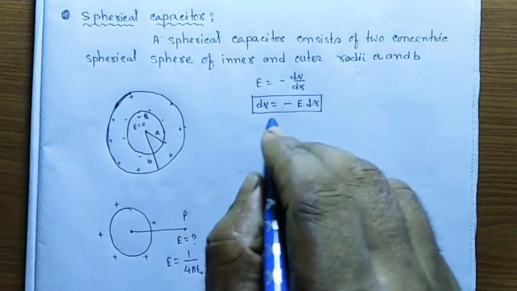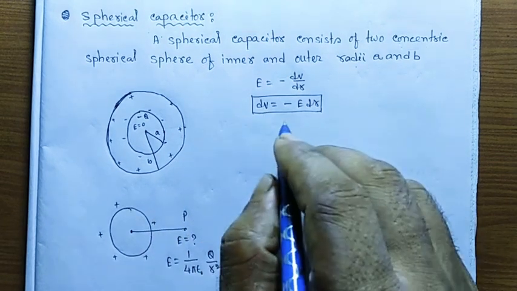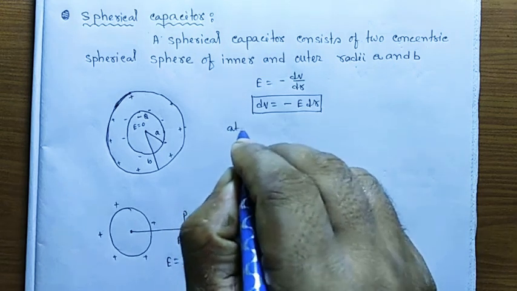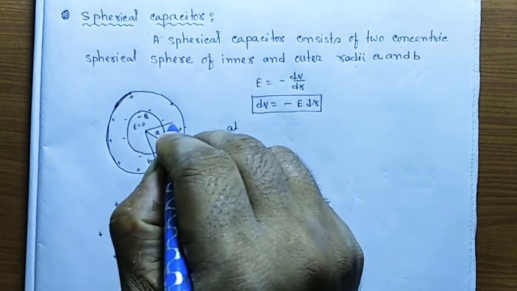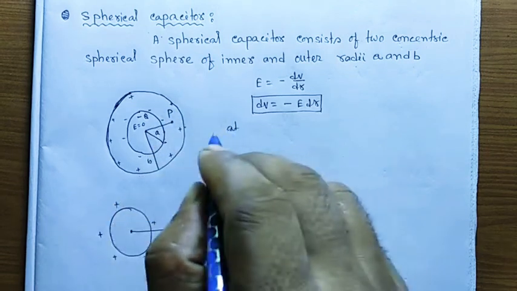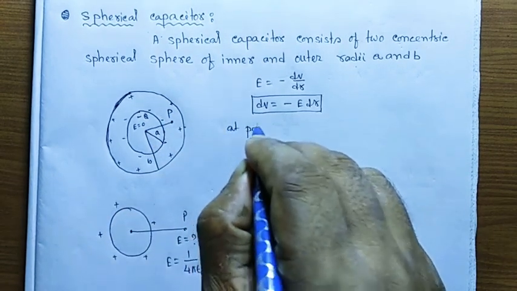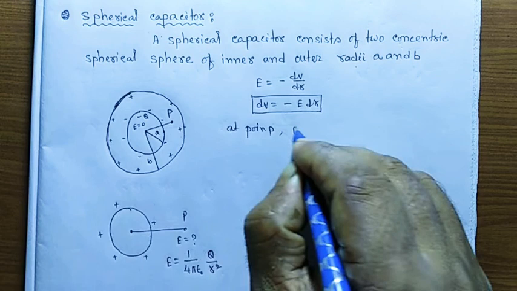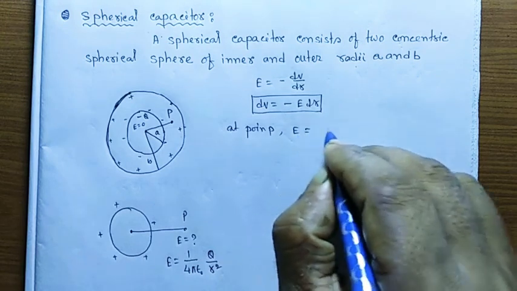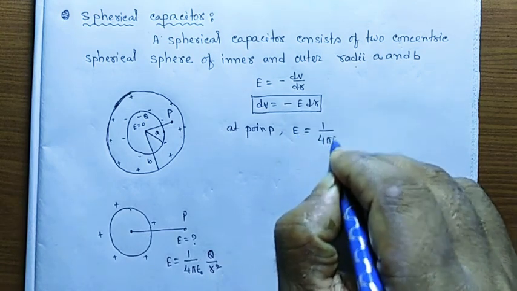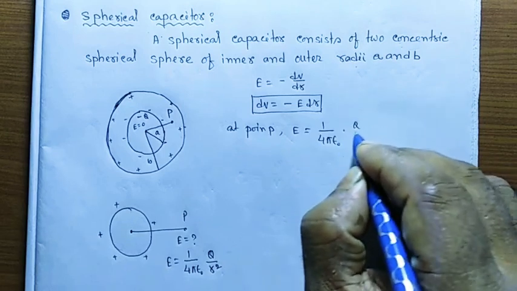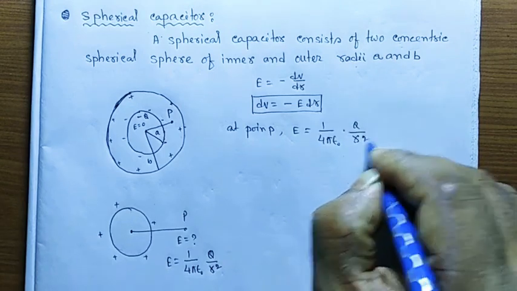So first we consider a point P. So at point P electric field E is equal to 1 by 4 pi epsilon naught Q by R square.